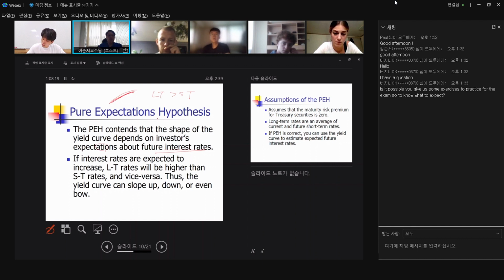Okay, so there are tons of theories to explain the yield curve or term structure. As I told you, term structure is a very important thing in bond valuation. And out of tons of theories, the most fundamental, most basic theory to explain the yield curve is the pure expectation hypothesis, PEH.